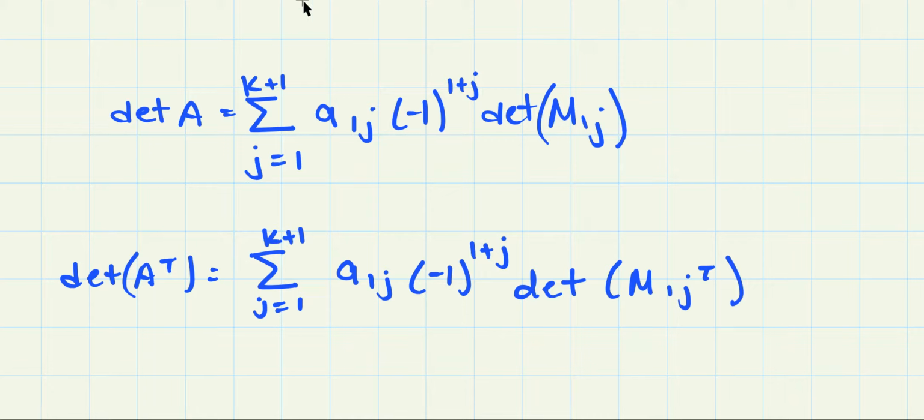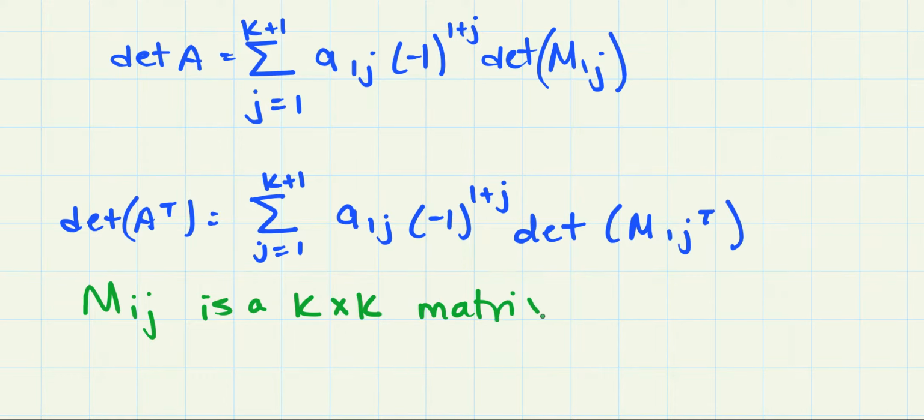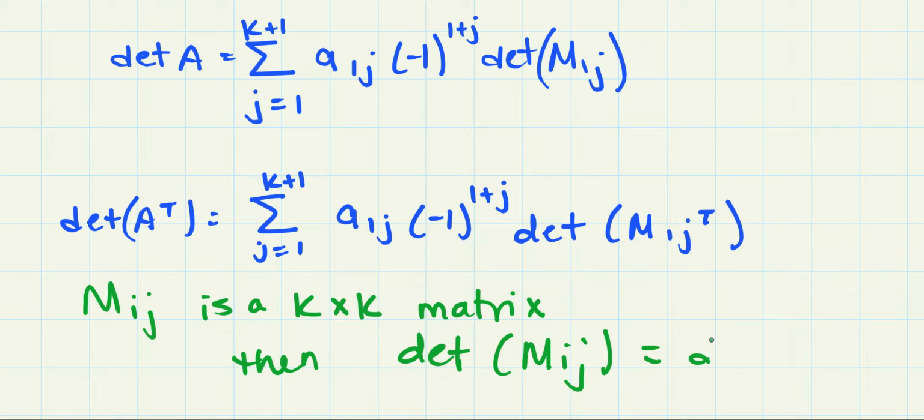So since Mij is k by k, it's a k by k matrix, then the determinant of Mij is equal to the determinant of Mij transpose. That was what we assumed. We assumed for any k by k matrix that the determinant of such a matrix is equal to the determinant of its transpose.